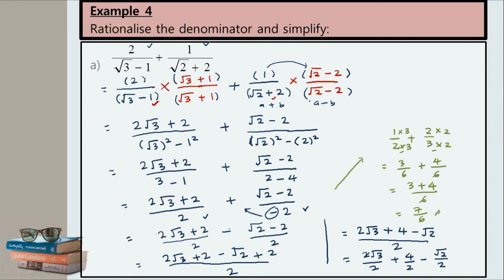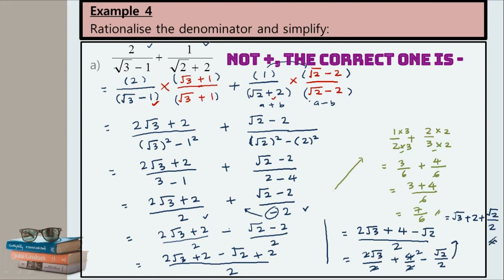So 2 bahagi dengan 2, kita akan dapat surd 3 tambah 4 bahagi 2 tinggal 2 tambah surd 2 per 2. So this is our final answer.